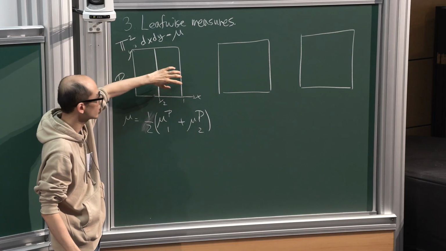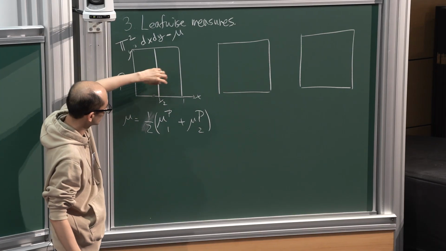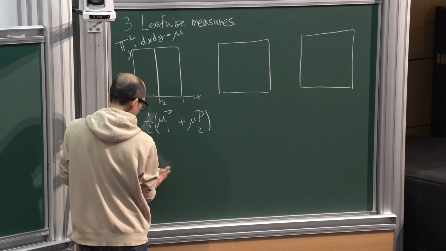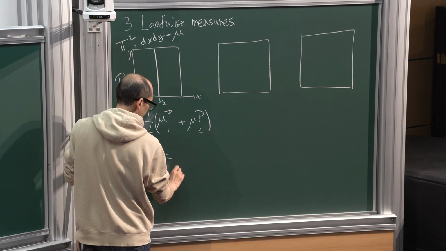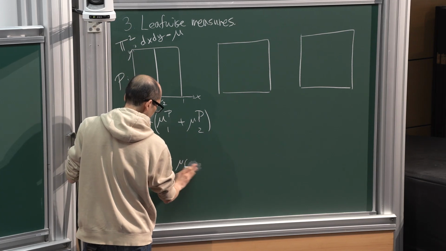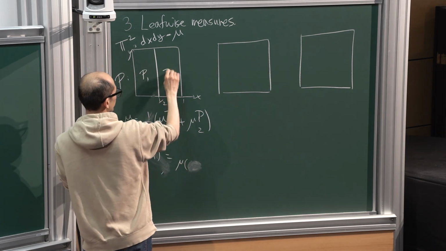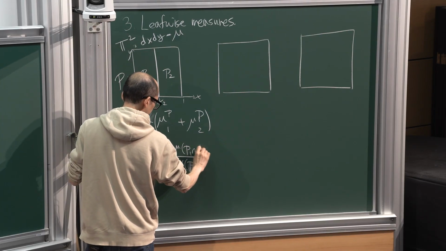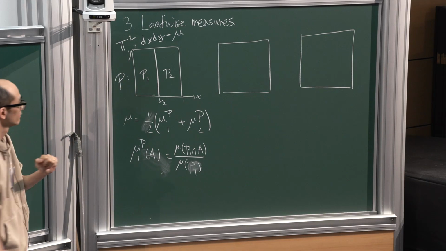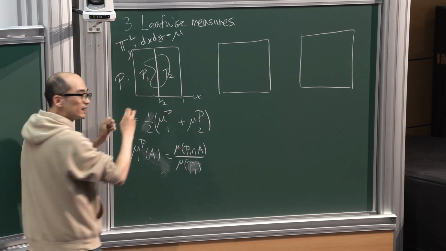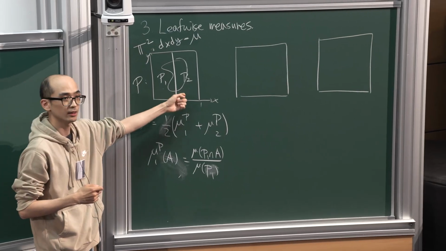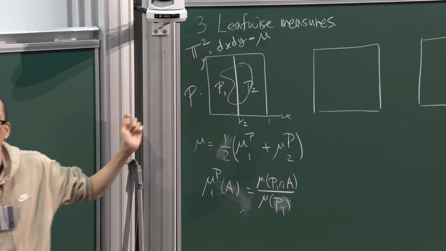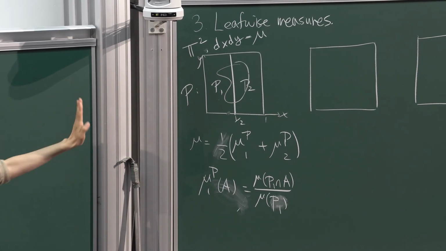If you remember the conditional expectation with respect to a finite partition, then mu_P1 of A is given by mu of P1 intersection A over mu of P1. This is how you disintegrate the measure into 2 pieces. You break your measure into 2 pieces corresponding to the partition. I think this is easy.